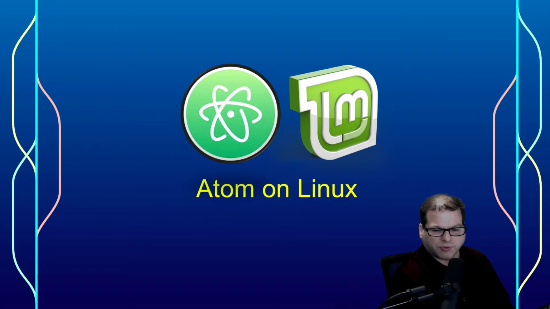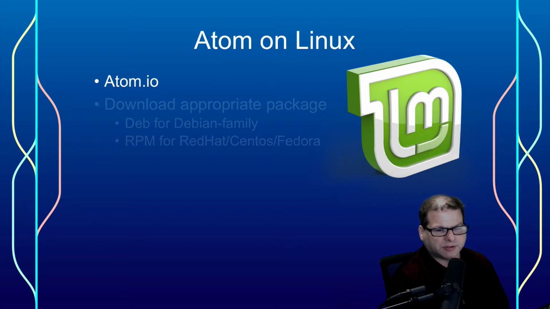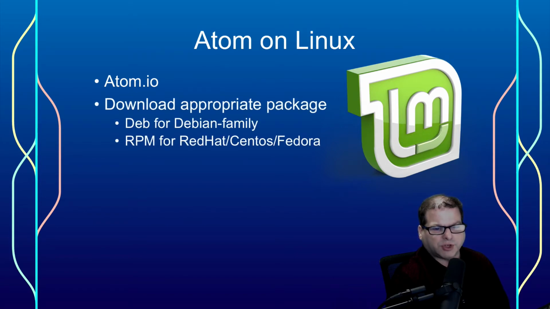Alright, let's move along to Atom on Linux. In particular, I'll be demonstrating this using Linux Mint. Again, go to the atom.io website and download the appropriate package. There should be two options.